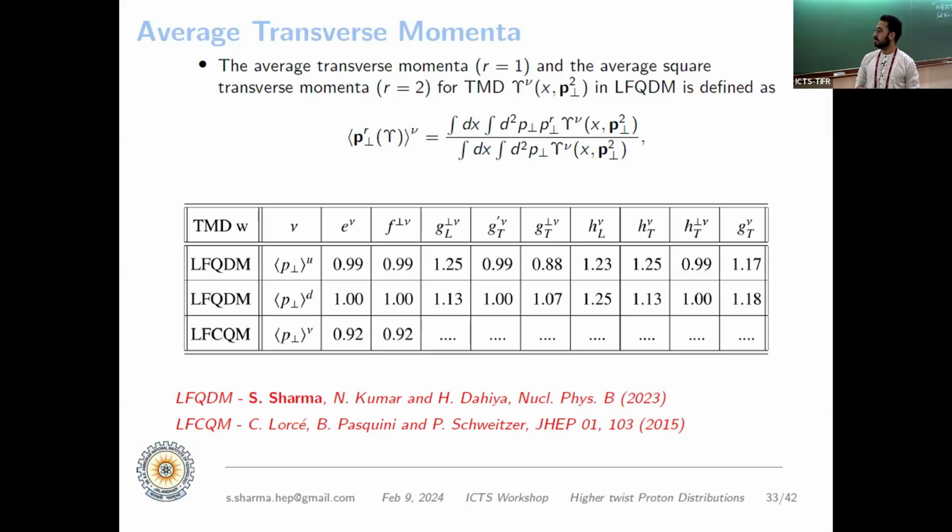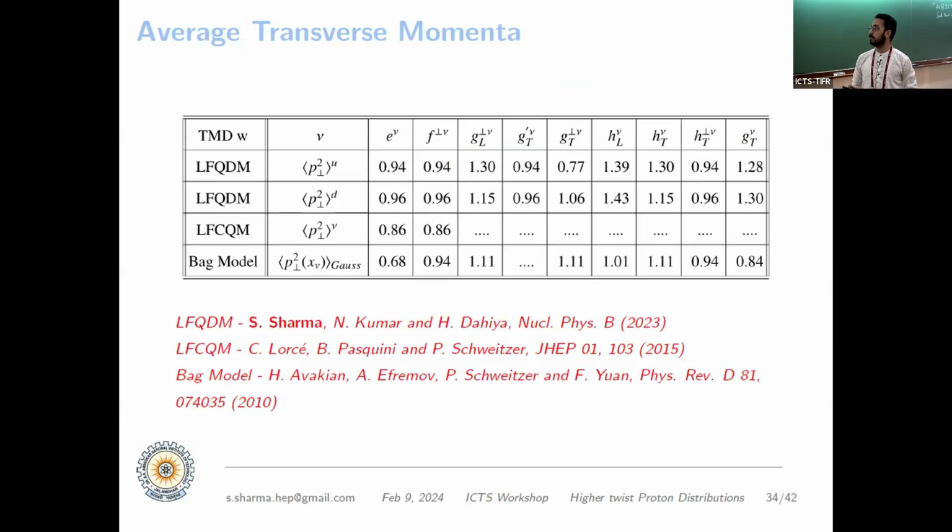As suggested in the light front constituent quark model, for u and for e and f-perp, they have the same values, and similar results are shown here. Although the average transverse momentum is slightly different, which is obvious because the model is different, all the values are more or less the same, with a few fluctuations.